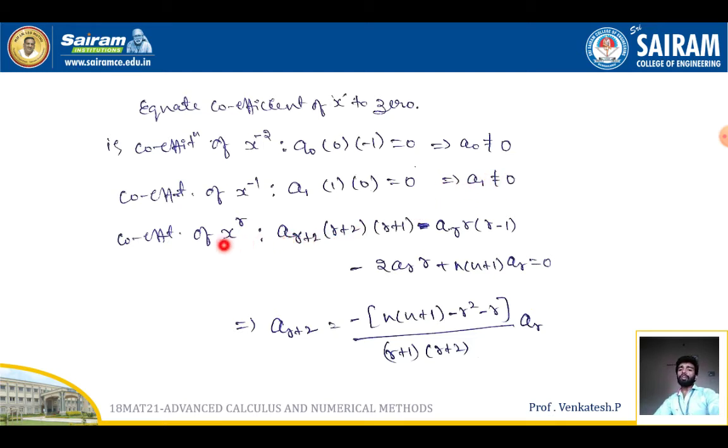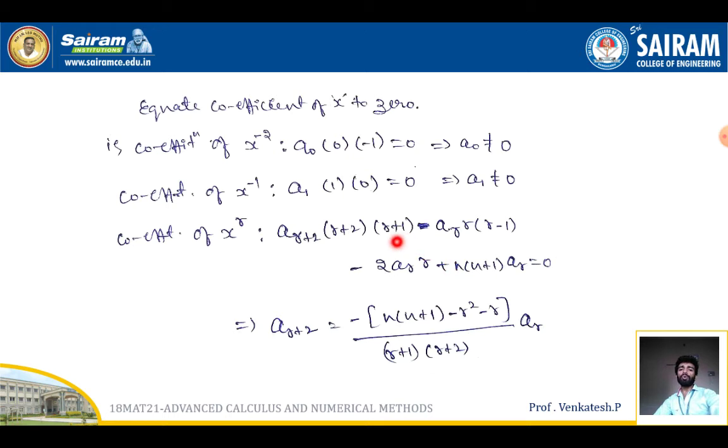If I take the coefficient of x power r, I will get ar plus 2 into r plus 2 into r plus 1 minus ar into r into r minus 1 minus 2 times r ar plus n into n plus 1 ar is equal to 0.